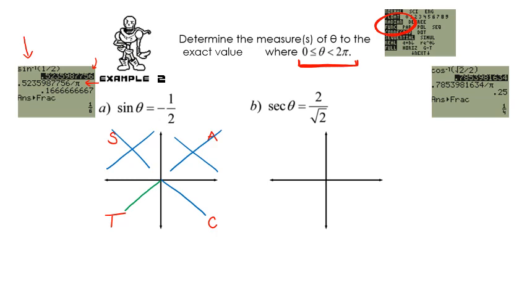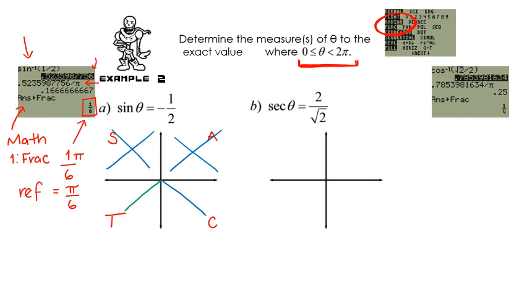So just press math and then choose option number 1 for fraction, and then press enter, and we get 1/6. So we're going to treat this as a reference angle of 1/6 times pi. But just to simplify it, I'm just going to write it as pi/6. This is going to act as our reference angle in radians.